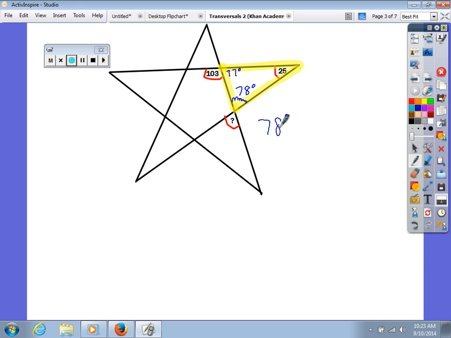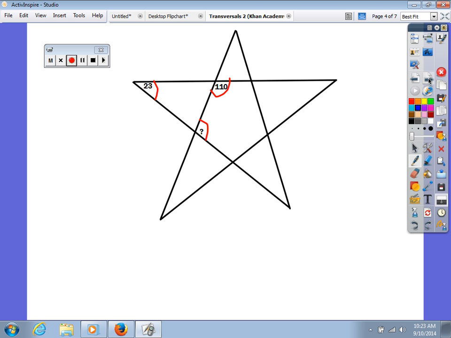Ooh, my 8 looks funny. Okay. I know I said one more, but let's look and see. Just one more. Why not? Okay, so once again for this problem, would I want to highlight a larger triangle or a smaller triangle? The smaller, because we have the most information there.